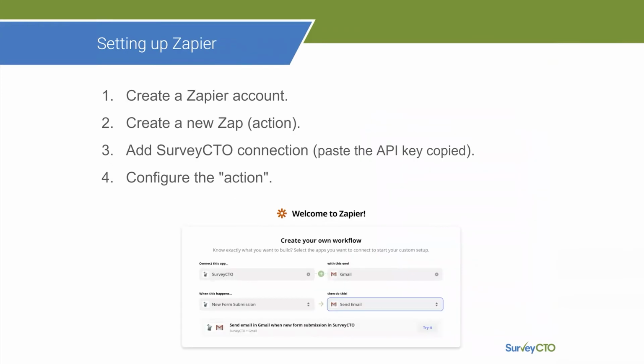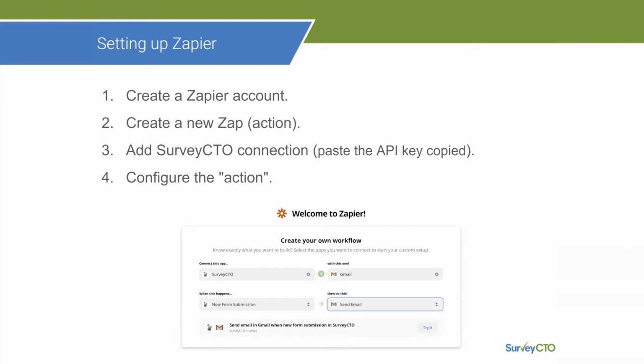On the Zapier end, you have to create an account with Zapier. Once you've created that account, you will need to create what's called a Zap or an action. What is the action that you want Zapier to take when SurveyCTO sends a trigger? And then you will add the SurveyCTO connection by pasting in that API key that SurveyCTO generated. And then you configure the action.